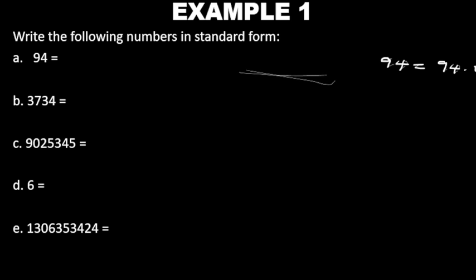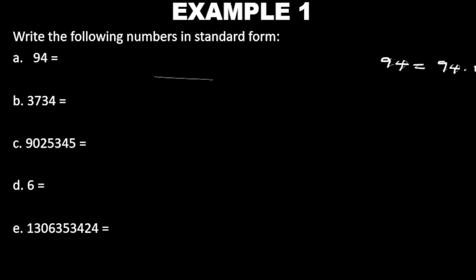If you want to get a value of A that is a number between 1 and 10, where are we going to shift the point to? You are going to shift the point from this position to the middle of 9 and 4. So that will give us 9.4. If you look at 9.4, it falls between 1 and 10, isn't it? It's less than 10. So the value of A will be 9.4.